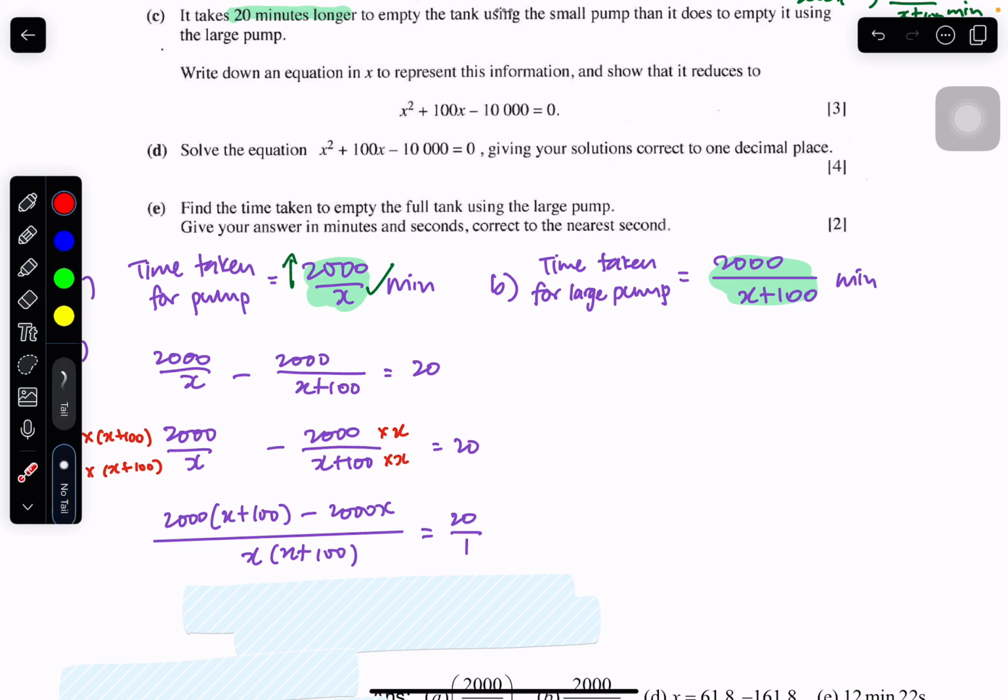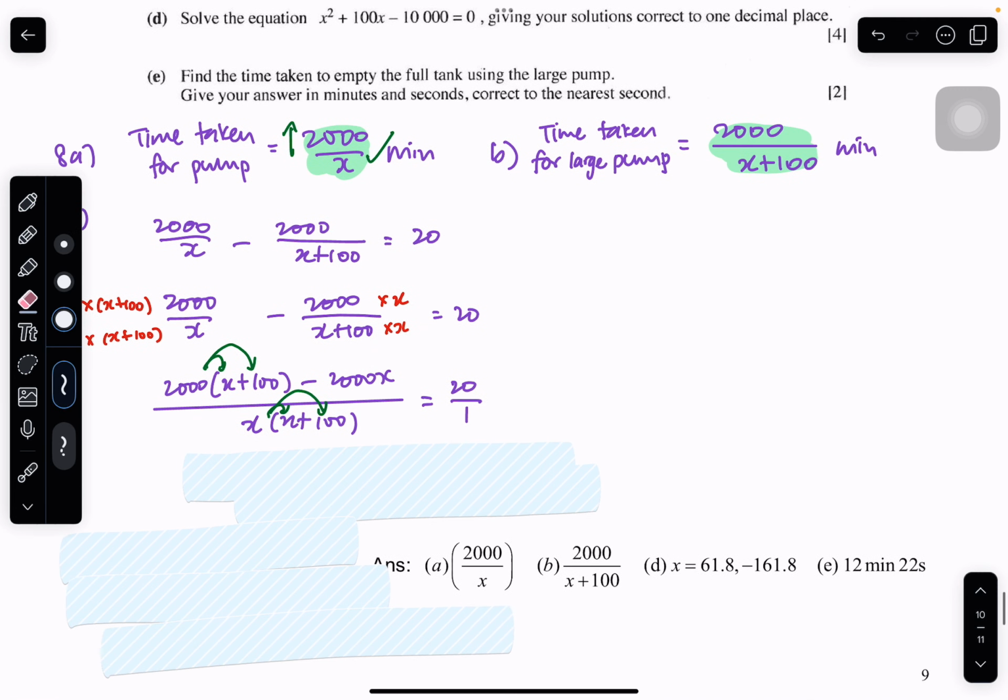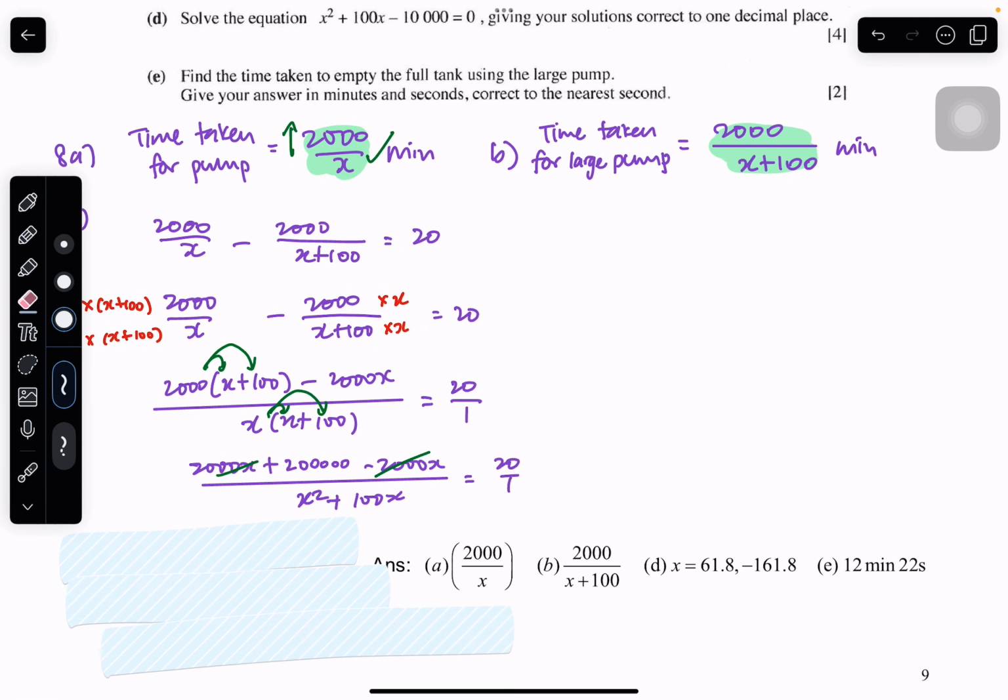Using the rainbow method, we expand the terms to simplify them. Then we notice that 2000x cancels out, leaving me with 200,000 in the numerator over x squared plus 100x equals 20 over 1.